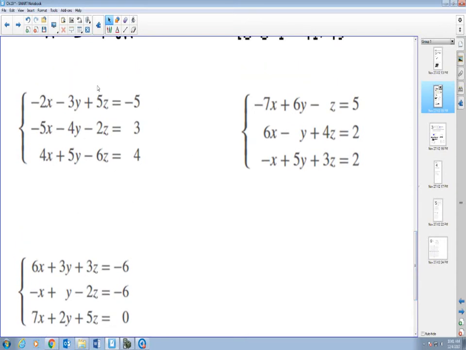So determinant, Cramer's rule is really good for us to use for a big problem like this. For 3 variables, 3 equations, you can write this out as a square. Just write out the coefficient matrix.